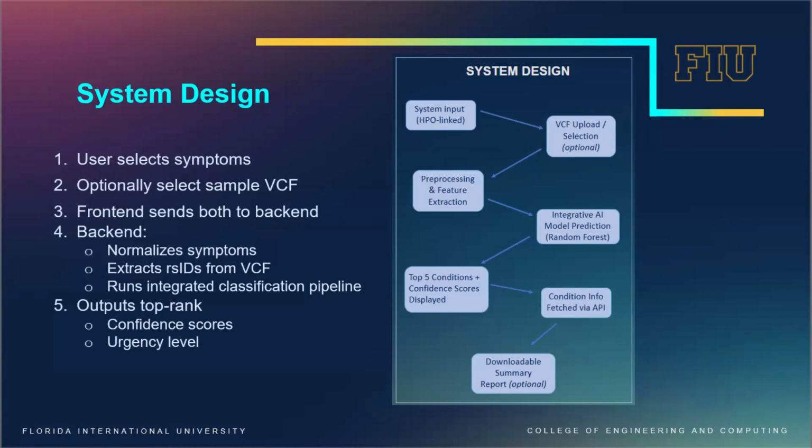The third step will be where the front end sends both information to the back end, which brings us to the fourth step, which is where the back end will normalize symptoms, extract RSIDs from VCF, and it will also run integrated classification pipelines. Finally, this leads us to the fifth and final step, which is where it outputs top ranks, such as confidence scores and an urgency level.